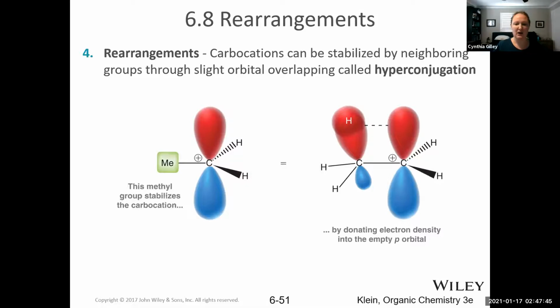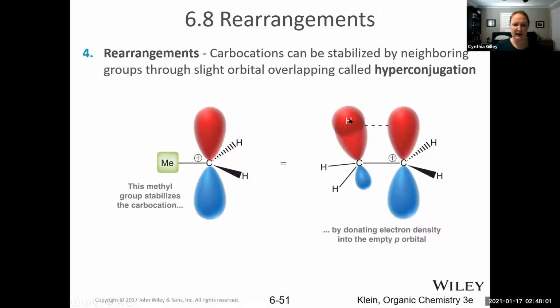And this is important to understand for rearrangement, because when you see this picture, it makes it a little bit easier to understand why hydride shifts, which are a type of rearrangement, occur in the first place.